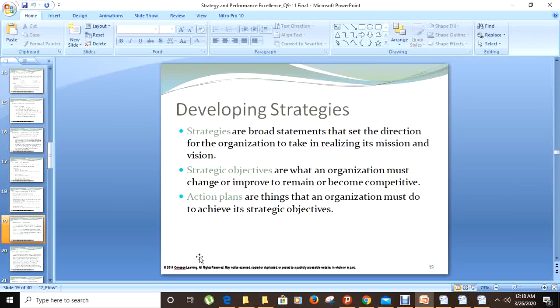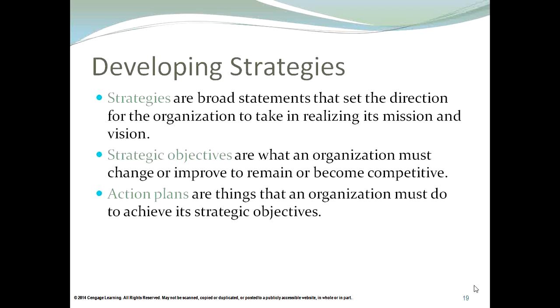So here, in developing these strategies, we can understand how to make strategies that are broad statements that set the direction for the organization to take in realizing its mission and vision.